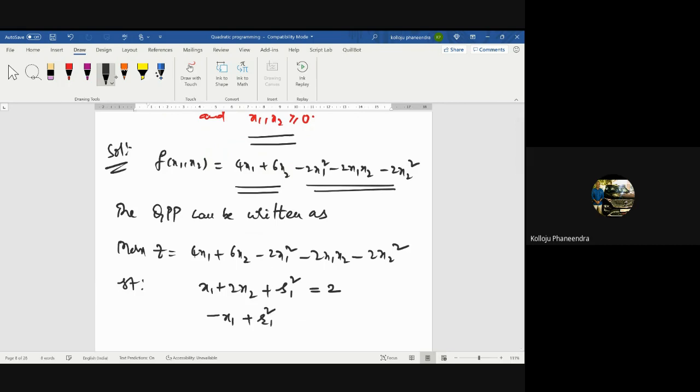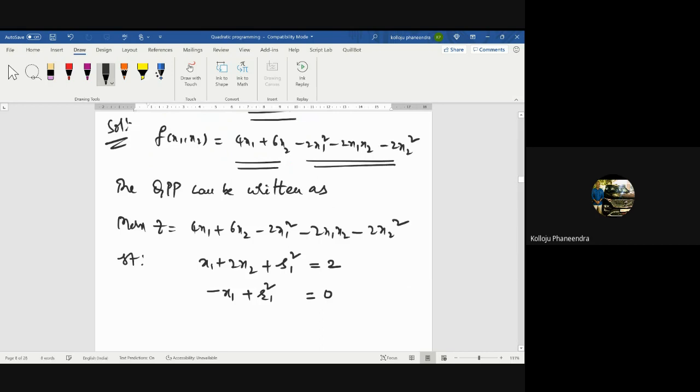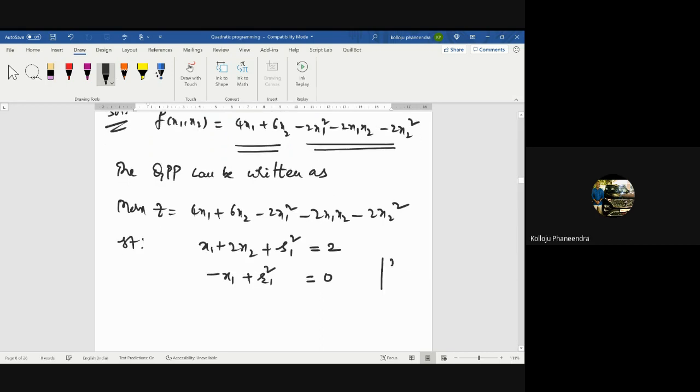Convert first to less than or equal to type: x1 greater than or equal to 0, so minus x1 less than or equal to 0. Similarly, minus x2 less than or equal to 0. So another one is minus x2 plus r2 square less than or equal to 0. And all the variables s1, s2, r1, r2 are greater than or equal to 0. Okay.